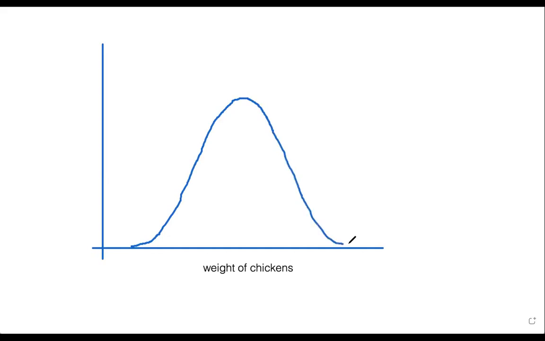All right. So what we have here is a bell curve. Let's just say it's the weight of our chickens. And our distribution is going to be some sort of bell curve, because we have some chickens that are lightweight, and most of them are going to be kind of average. And then some of them are going to be humongous.